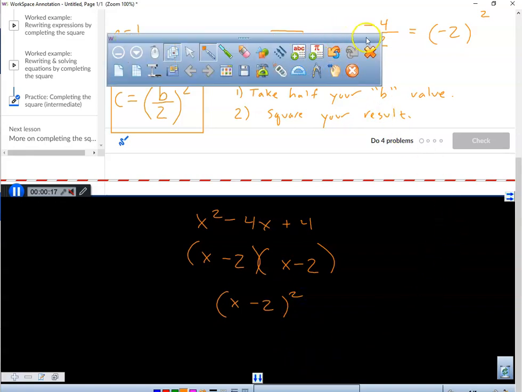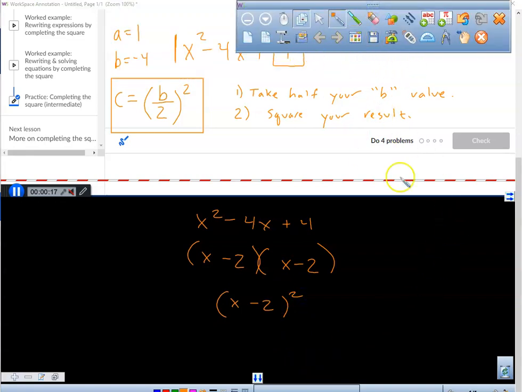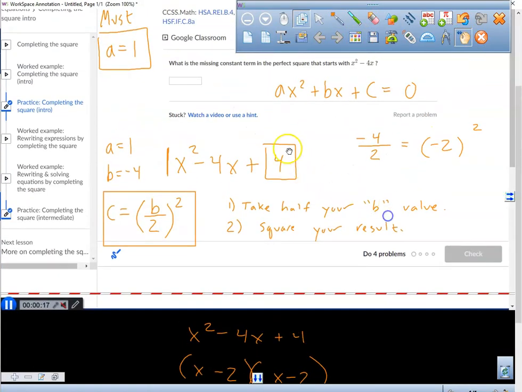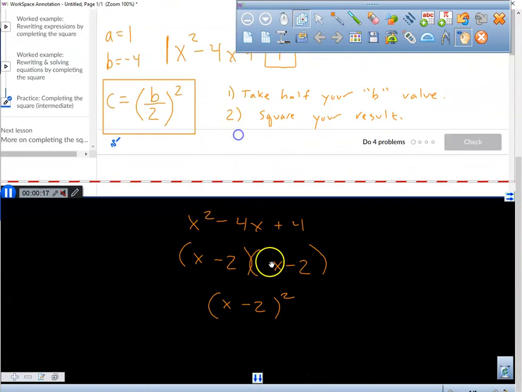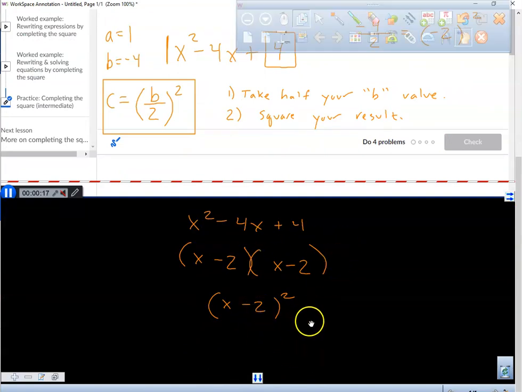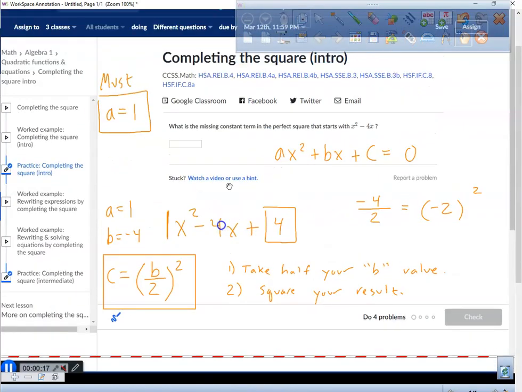The reason why I had to have a 4 is that creates what's called a perfect square binomial. So now we have x minus 2 squared. So what am I going to put in my little answer right here? What's the missing constant in the perfect square that starts with that? It's a 4. So I'm going to type in a 4.